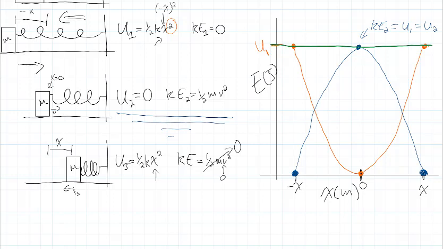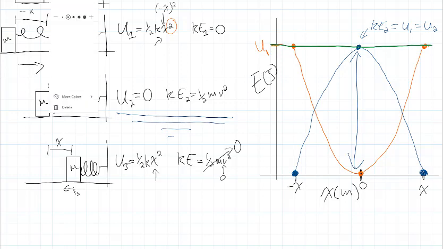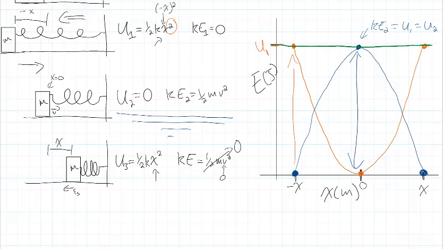And so we can note here that when our potential energy is 0, our kinetic energy is maximum, and we have that same total energy no matter what. So similarly, when our kinetic energy is 0, that's when our potential energy is maximum, and all of those things are equal to our total mechanical energy.